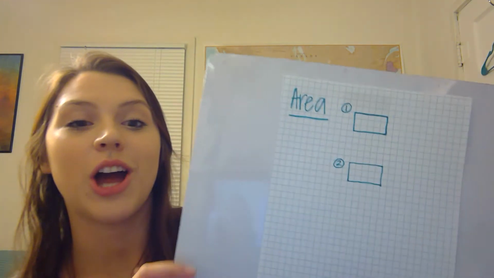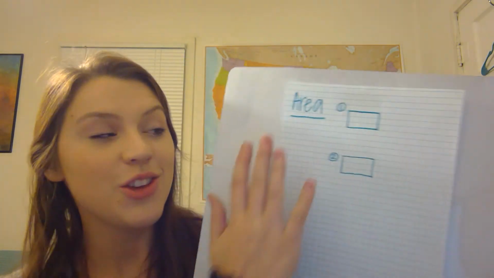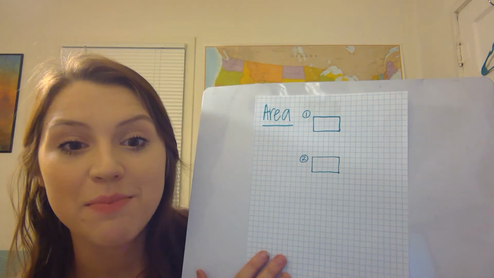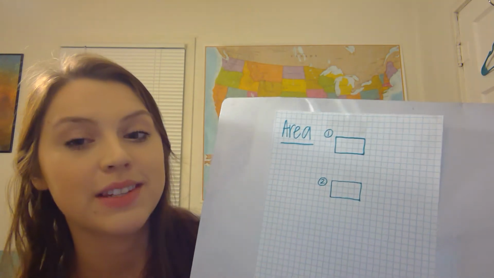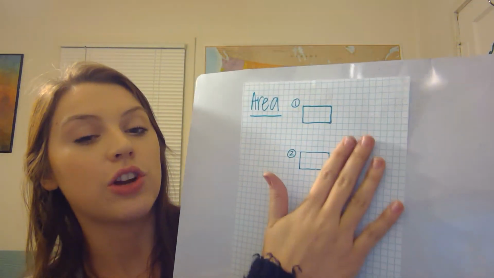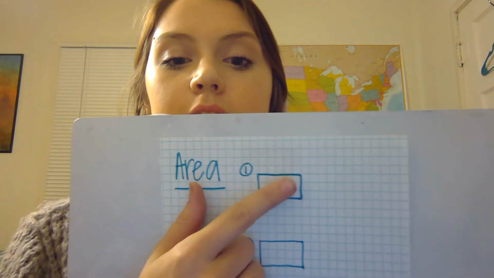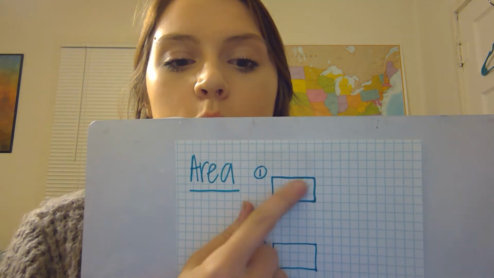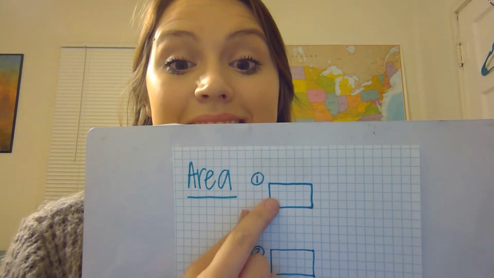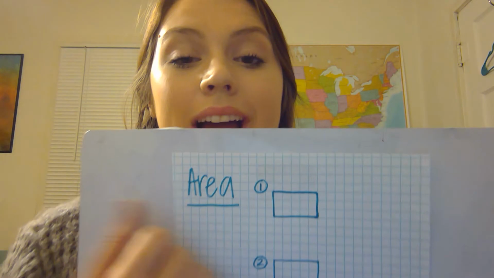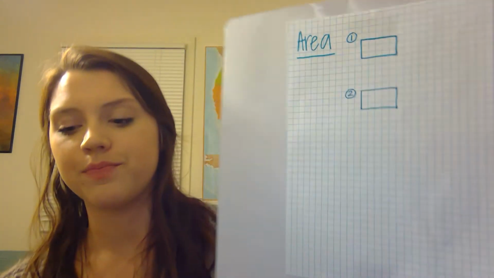Next, we're going to talk about area, using again a graph paper to draw our shapes. Remember, class, area means the size of the surface or object. So for here, my rectangles, we are seeing what is the size of inside. How many boxes do I have inside my rectangle?